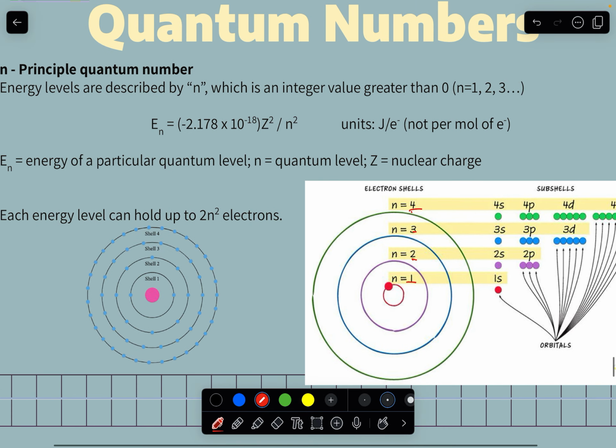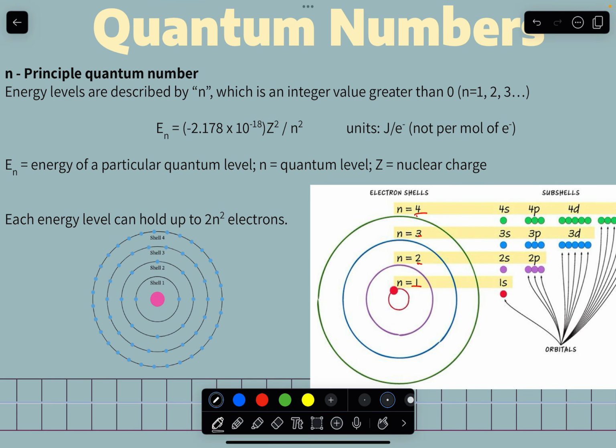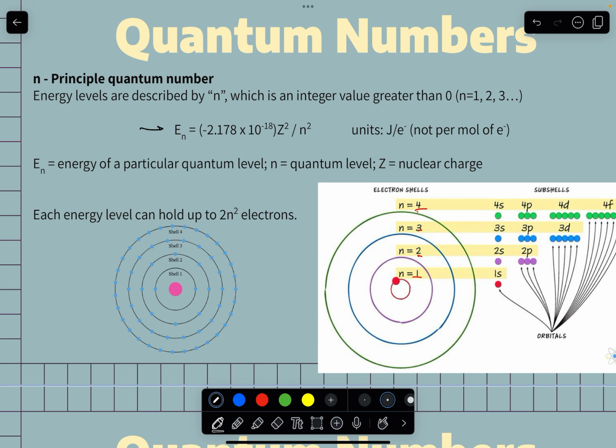There is an equation that goes with this. I do not believe AP will test you on it at all, so you don't need to worry about memorizing this equation. Okay, but what this equation does is relate the energy of the particle, directly proportional to the nuclear charge and inversely proportional to the quantum number, or the number of energy levels.